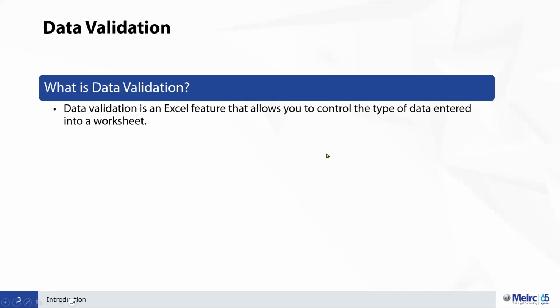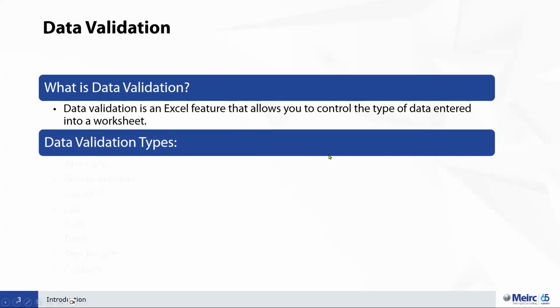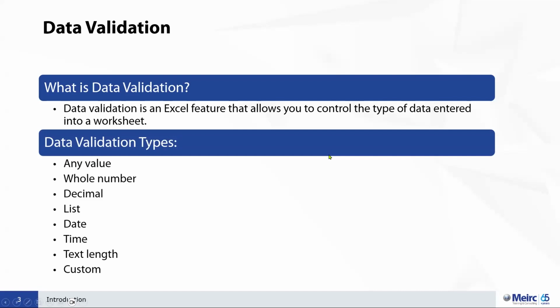Now, there are different types of data validation. We have, first of all, any value. This is the generic default setting of any Excel cell. It would allow you to insert any value, and this is what we would like to change using the data validation feature.